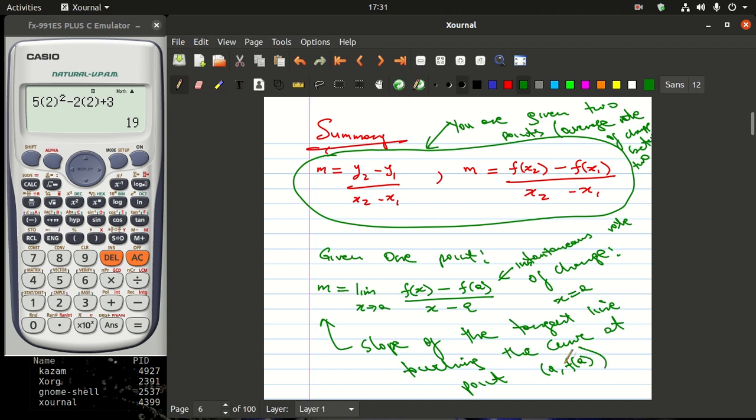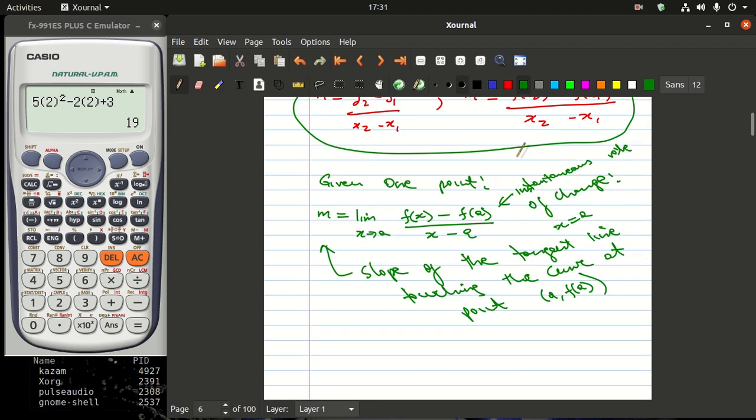So it is touching the curve only at that point. So we have that 1 point, this one given 2 points x and y, and then here you are given only the x values, and the y values are not given, but you can find them on the function.